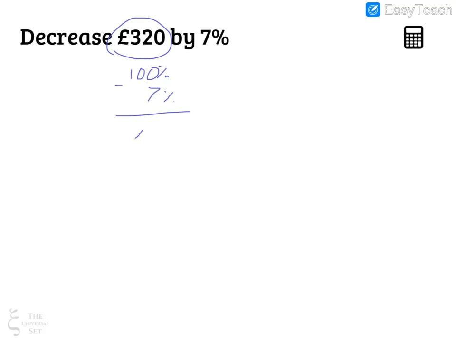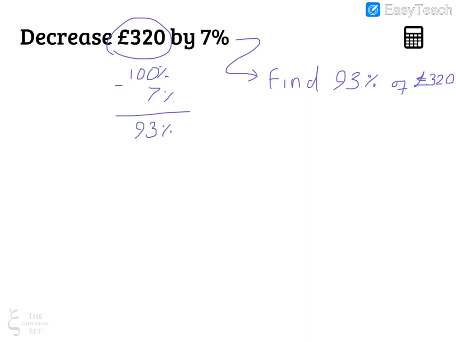I'm going to be left with 93%, aren't I? So we're rewriting that question to be, instead of decrease by 7%, it's the same as find 93% of, I'm going to run out of space here, 320, ooh, just about.